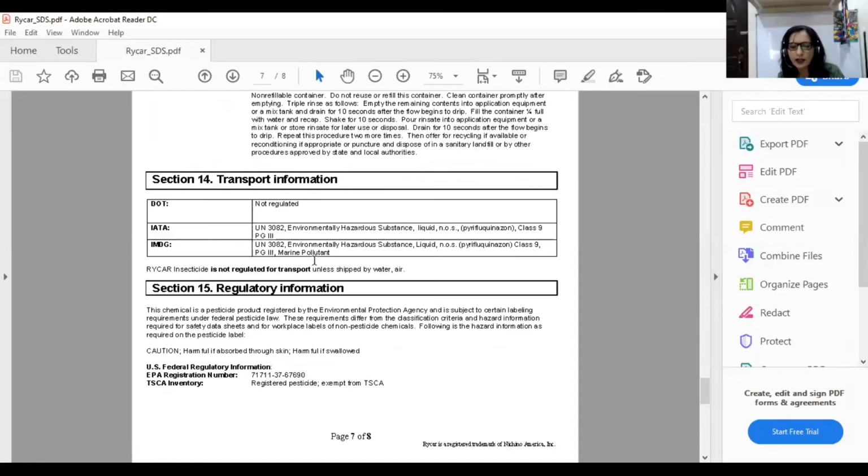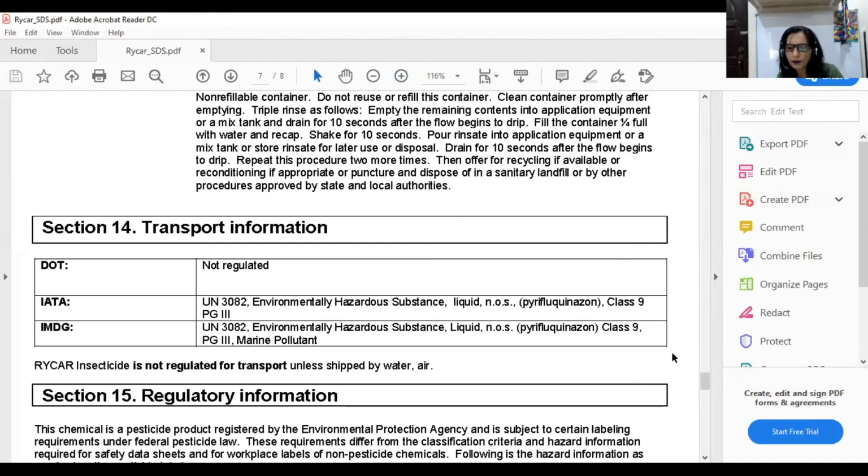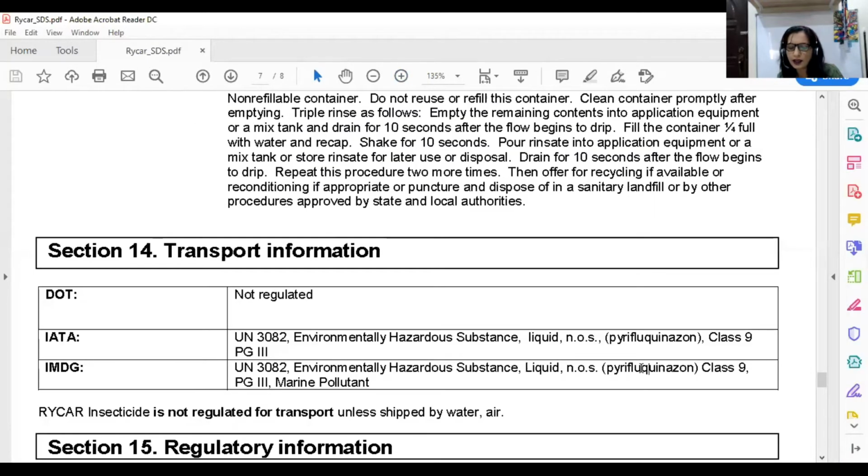Okay. So here you can see in the IMDG column itself, they've indicated the name of the product, the technical name of the substance, and it also indicates to you that it's a marine pollutant.